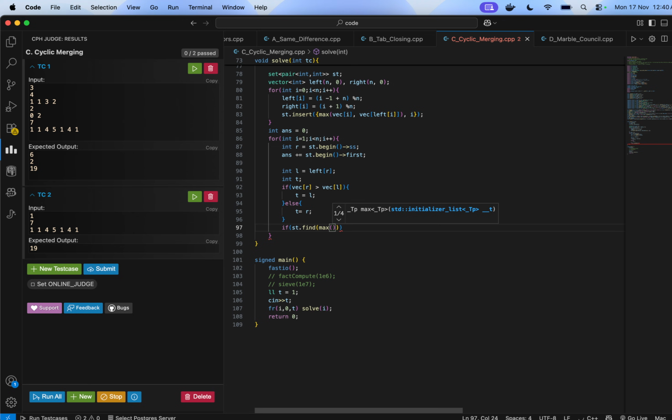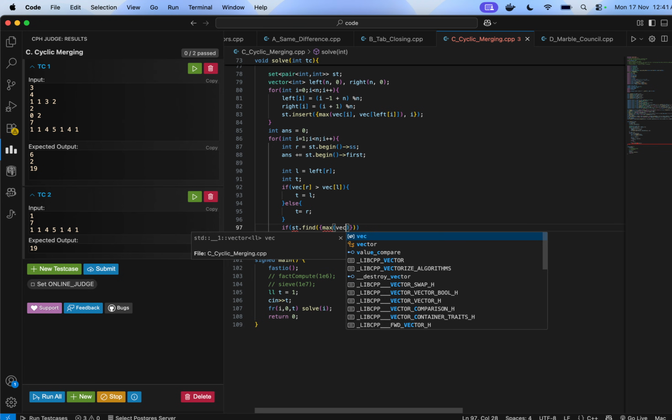First, what are the pairs that will be removed? Since T is removed, its left neighbor and right neighbor pairs will be removed. The pair formed of T with its left neighbor will be removed. Similarly, pair formed with right neighbor will be removed. So what is that pair represented by?